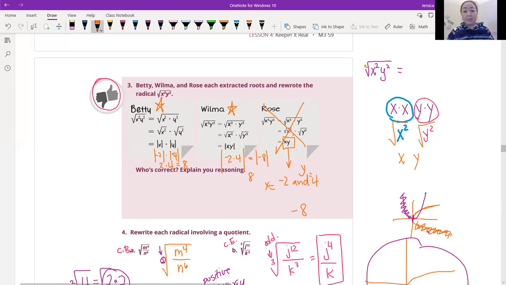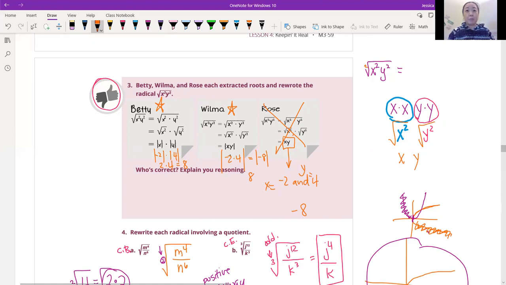They could be any number. That's why we need to put in these absolute values, because x could be negative or y could be negative. And if they're both negative, then we don't really have a problem because the negatives cancel out. But what if one of them is positive and one of them is negative? We have to take that situation into account.